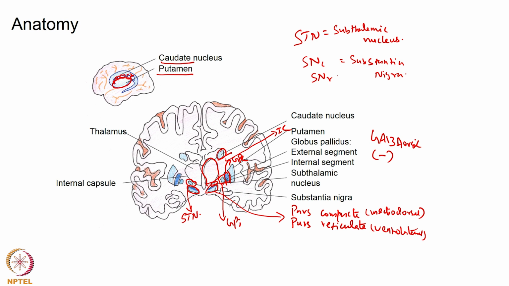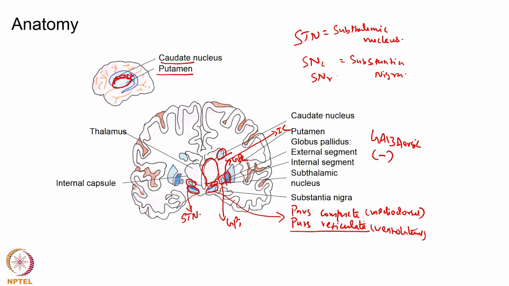The substantia nigra pars reticulata is similar in cytoarchitecture and function to globus pallidus interna. Let us remember that globus pallidus interna outputs to the thalamus, and through that it modulates the activity of the thalamocortical neurons. So, that means the globus pallidus interna is the major output structure of the basal ganglia. Substantia nigra pars reticulata is also a major output structure of the basal ganglia.